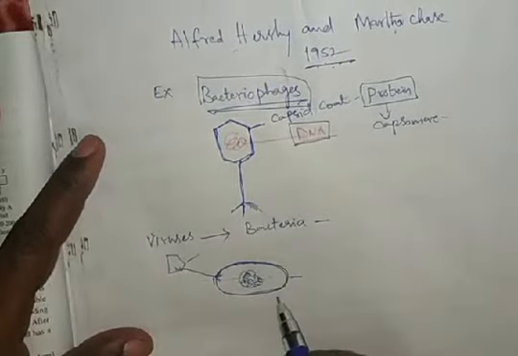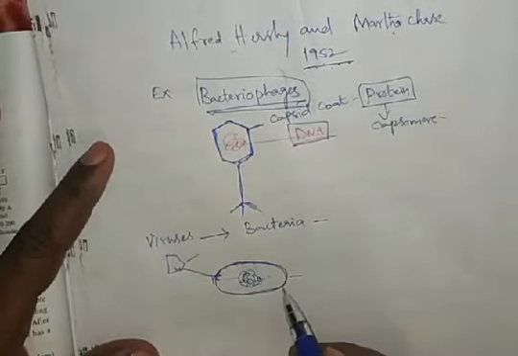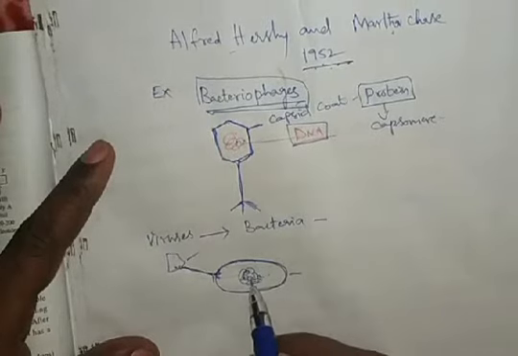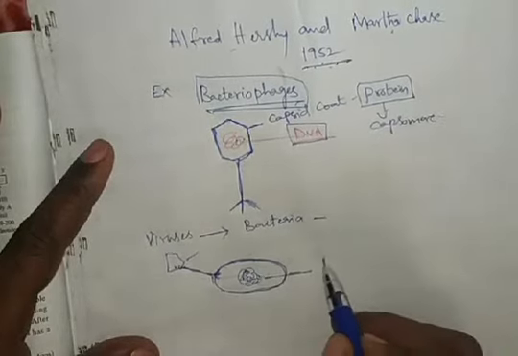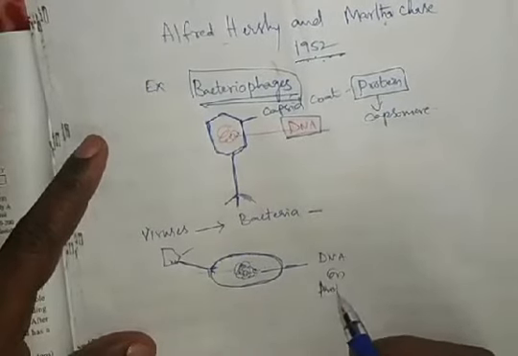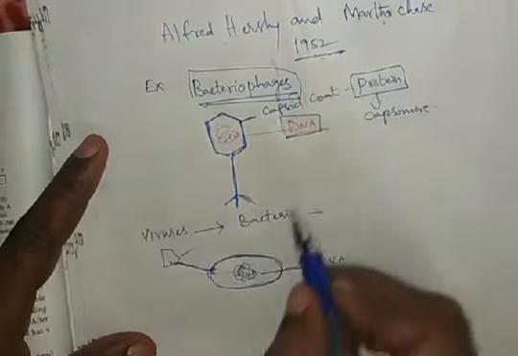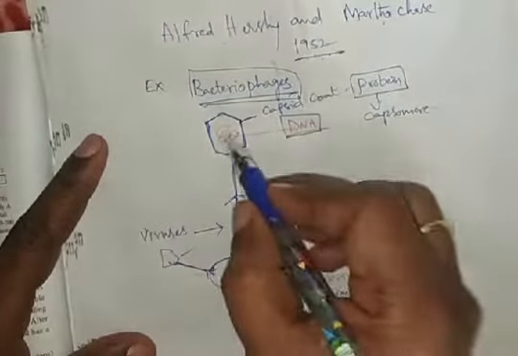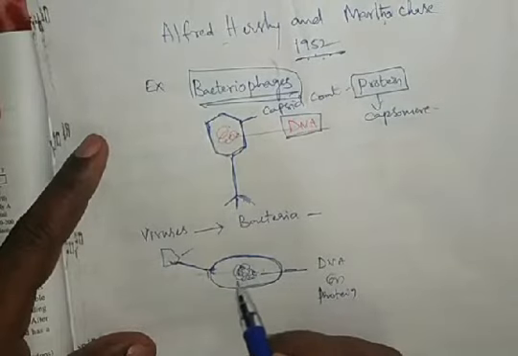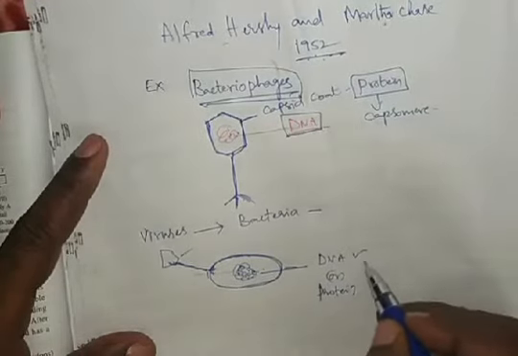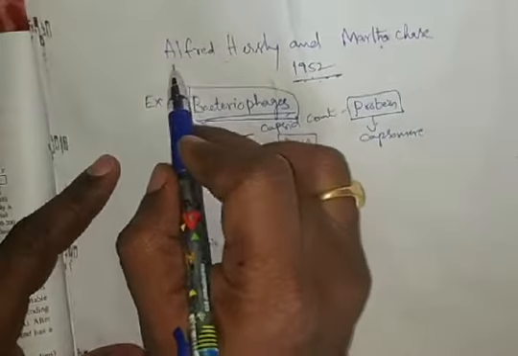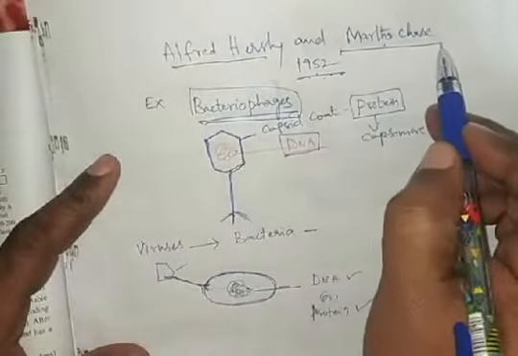These two scientists proved which material enters the bacterial cell, whether it is DNA or protein. The phage has both materials, protein and DNA, and whatever enters the bacterial cell, DNA or protein, was proved by Alfred Hershey and Martha Chase.